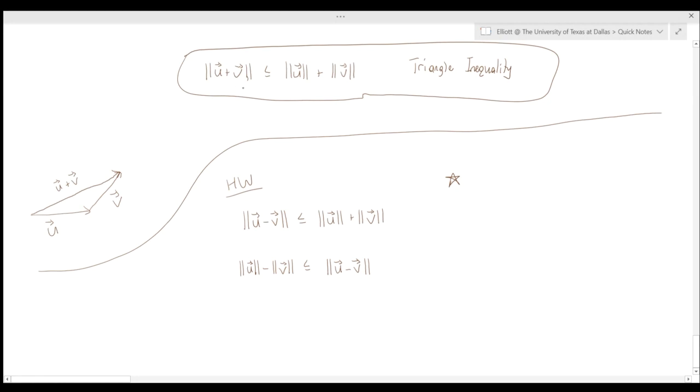So the u and v written up here are not referring necessarily to the u and v in these questions. So let me rewrite the triangle inequality by using a and b instead of u and v, just to not confuse it with the u and v in the question.